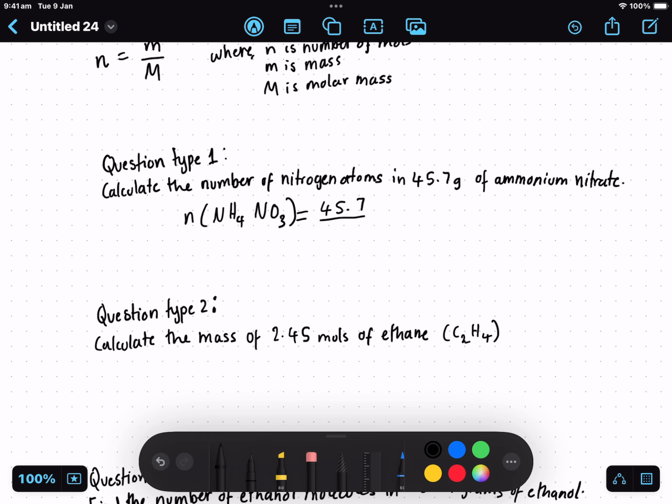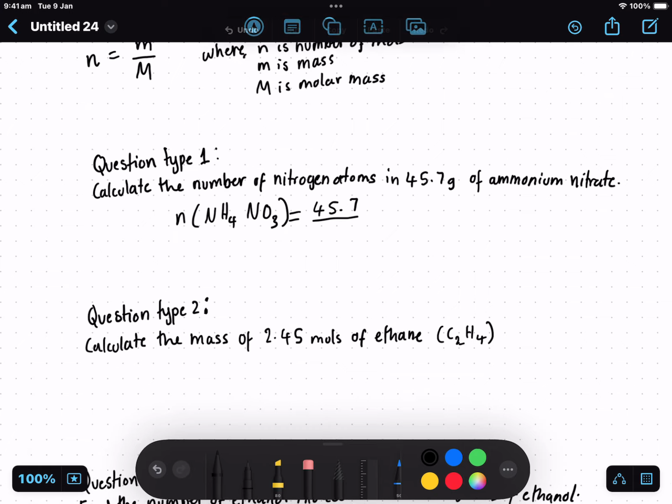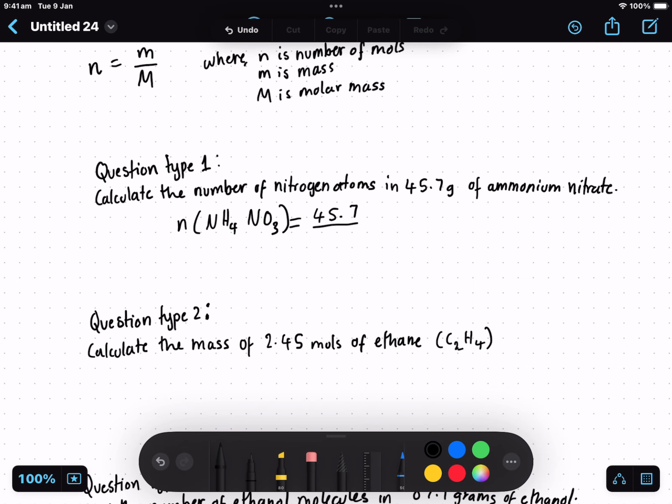and we need to find the molar mass. If you find the individual molar masses, nitrogen has an atomic mass of 14, hydrogen is 1 times 4, which is 4, then another nitrogen is 14, and then oxygen is 16 times 3, which is 48.